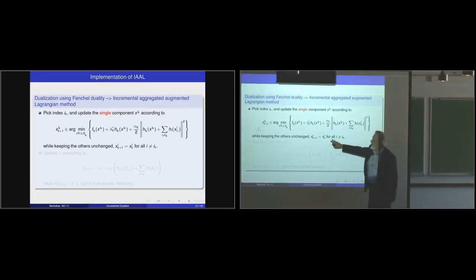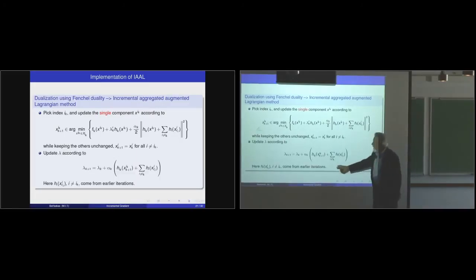The other components are kept unchanged, and now the update of the multipliers is done by an incremental aggregated gradient method, where this is the gradient of the current component, and these are the gradients of the previous components. So everything works great here, except for one fact, that the step size has to be chosen carefully and diminishing.